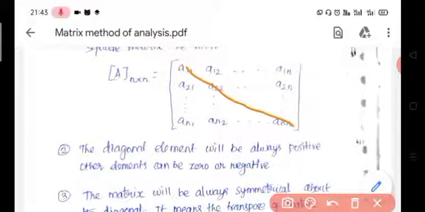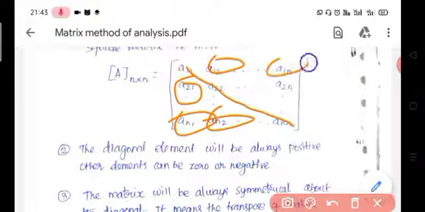All other members, that is A21, A31, AN1, these elements may be 0, positive or negative, whatever it may be.